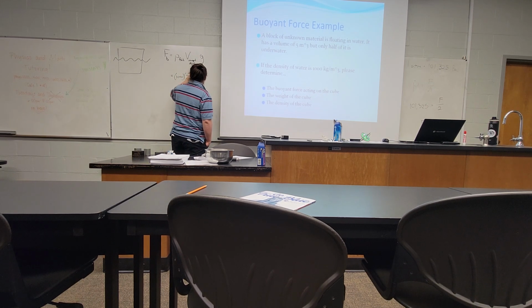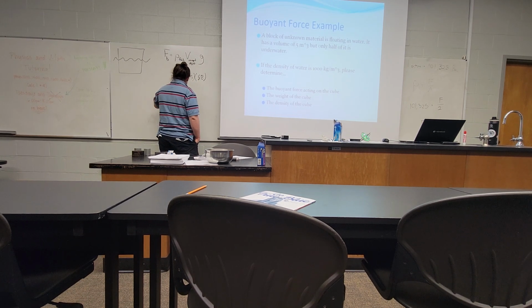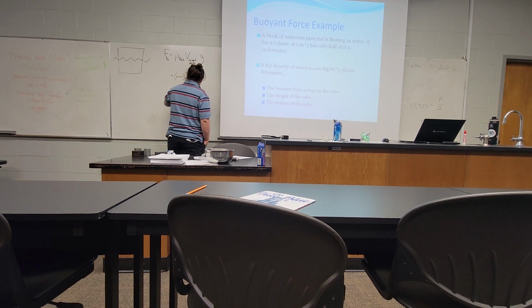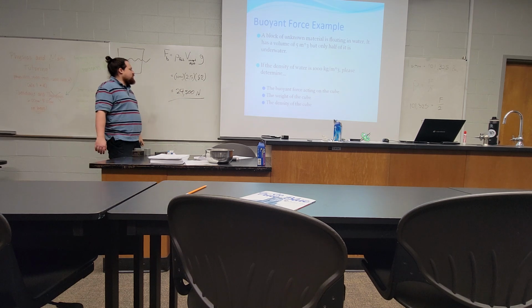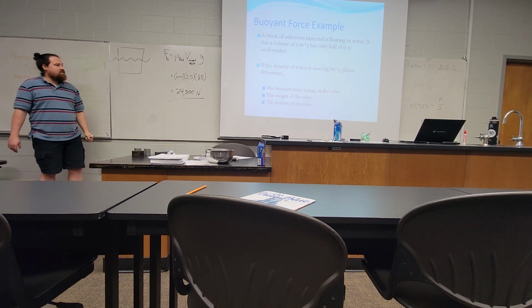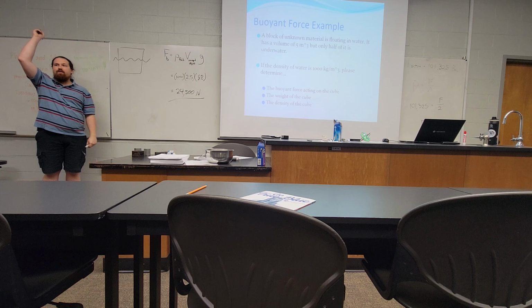The half that is above the water is not doing anything to the water itself, therefore the water doesn't directly care. So the magnitude of buoyant force should be about 24,500 newtons up. Buoyant force always points up.